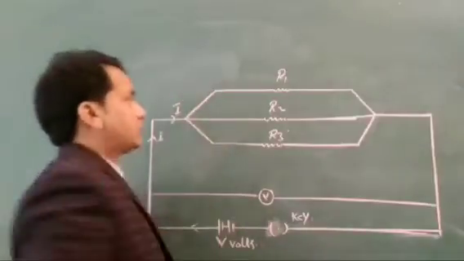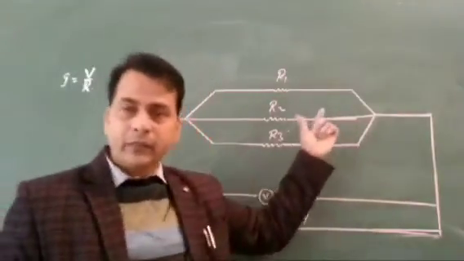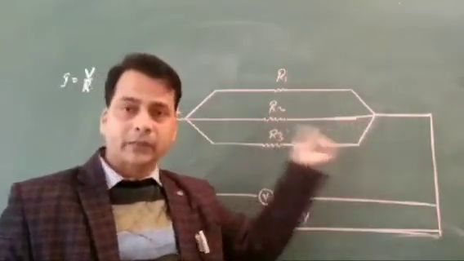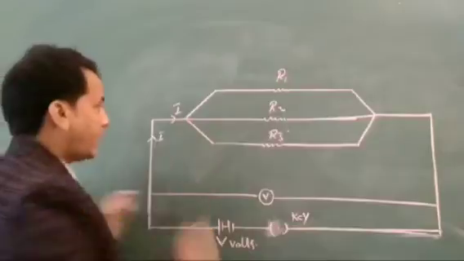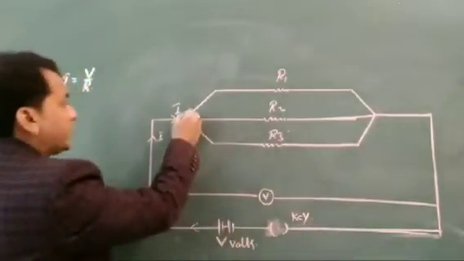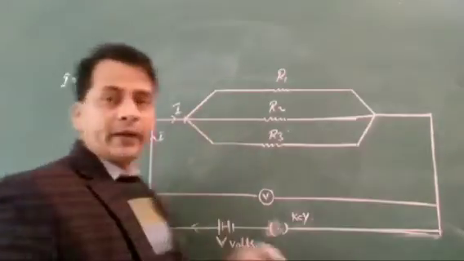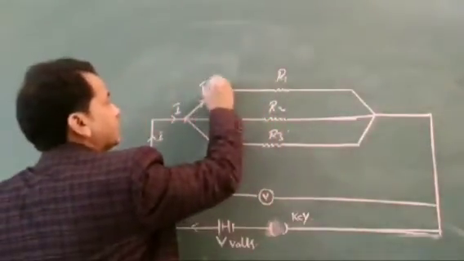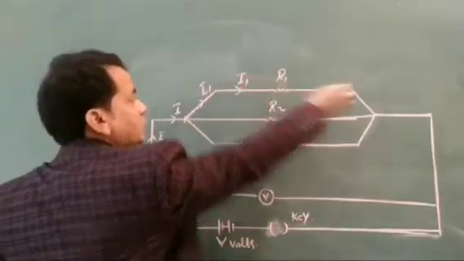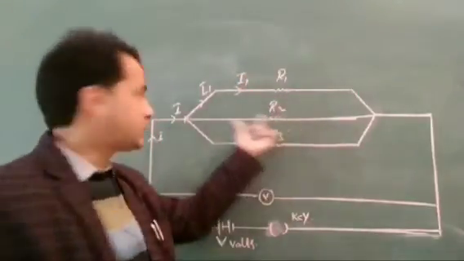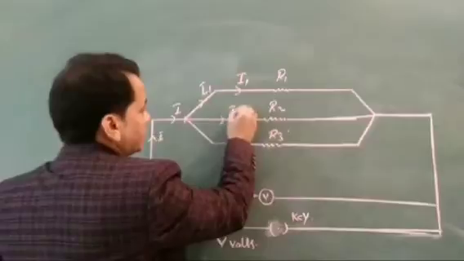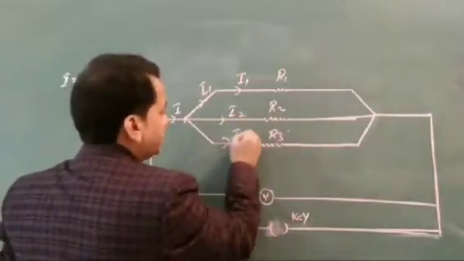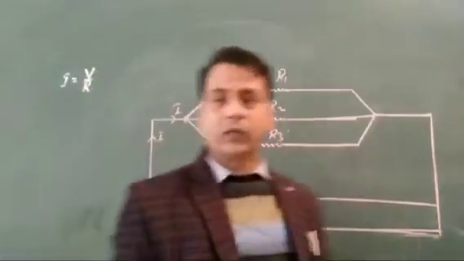The current I is divided in three directions: I1 flows across the resistor R1, I2 flows across R2, and I3 flows across R3.